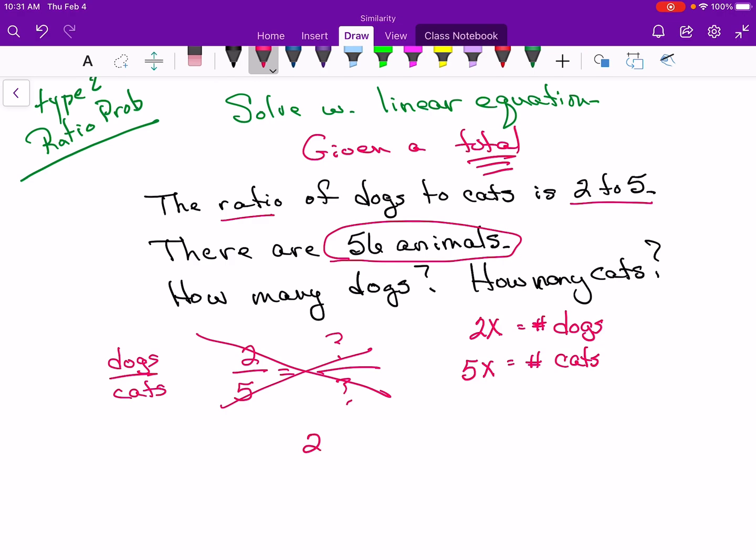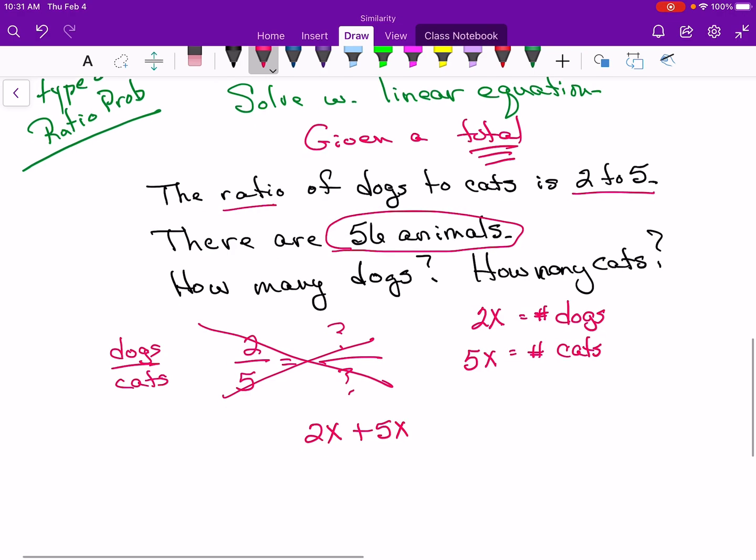And together, that 2x and 5x, those original numbers of dogs and cats, add up to 56. So we still use the ratio, but we use them to define our variables, our 2x and our 5x. We write the equation and then we solve.